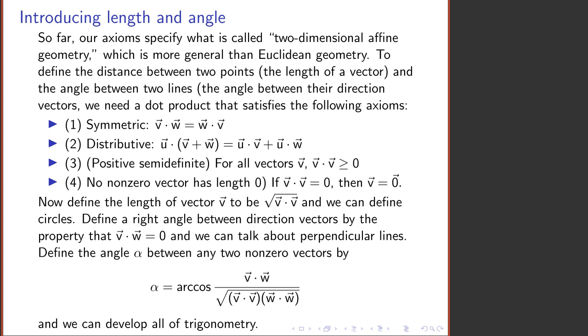Well, we got points, we got lines, we still don't have length and angle, but those are quite easy to introduce by introducing a dot product into our vector space. Our axioms so far have defined what's technically called two-dimensional affine geometry.